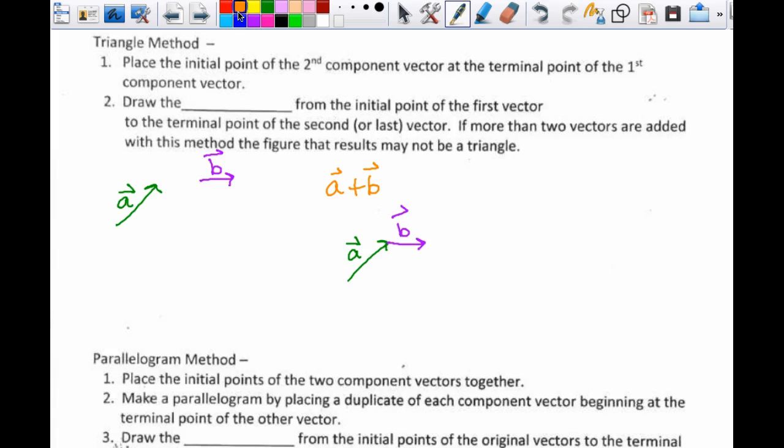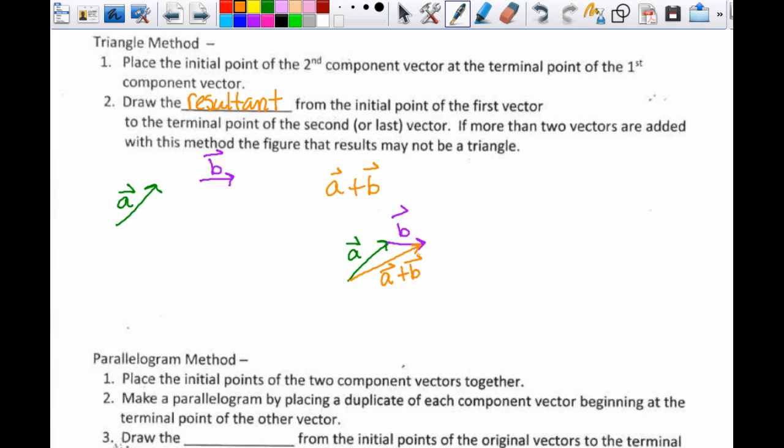And then I draw the resultant from the initial point of the first vector to the terminal point of the second one. Bam. A plus B. Make sense to you? Now, it says if more than two vectors are added with this method, the figure that results may not be a triangle.